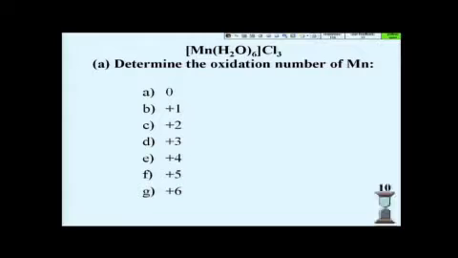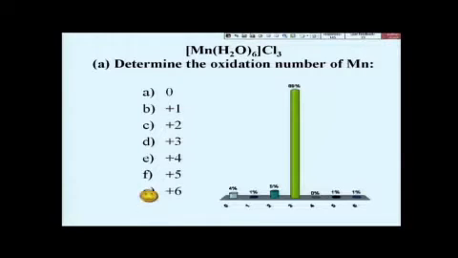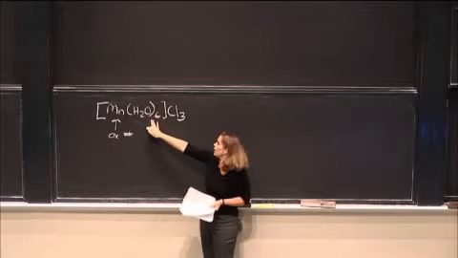Okay, so let's just take 10 more seconds. Okay, so let's just look at that one for a minute. People did very well on that. So what's the overall charge in this coordination complex?